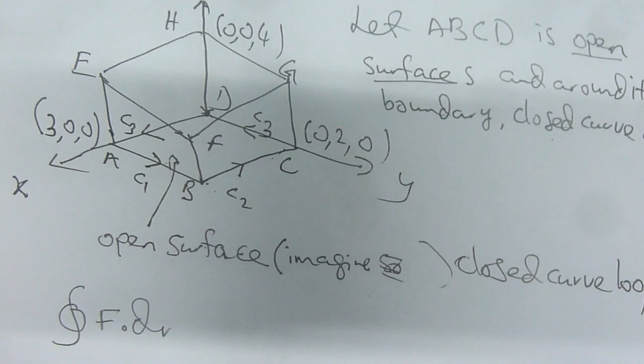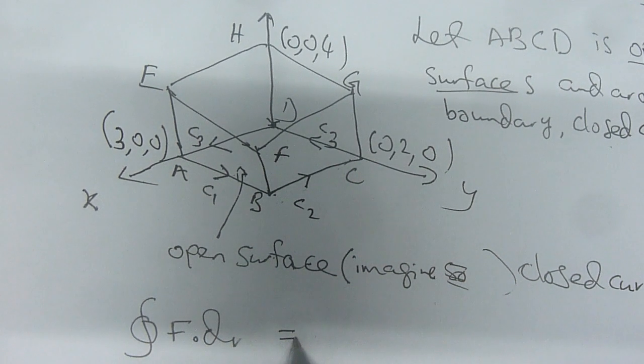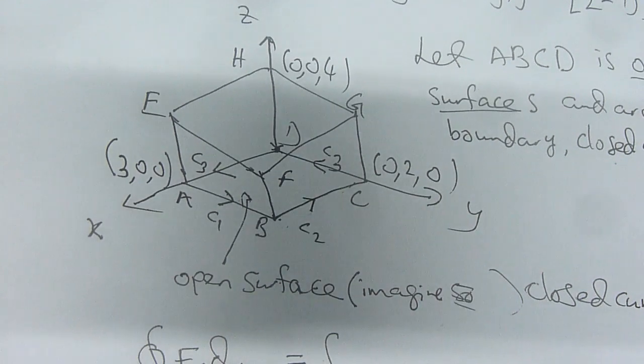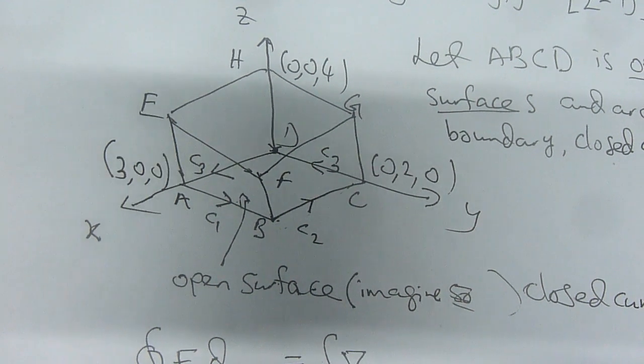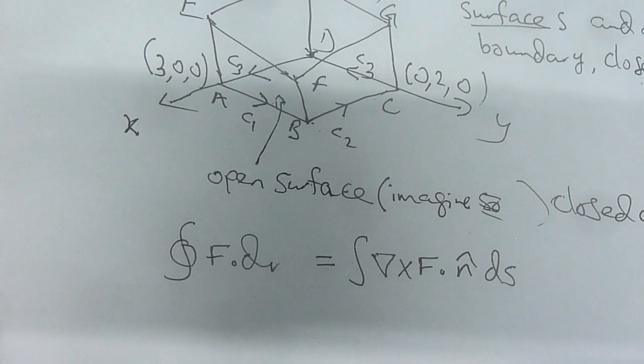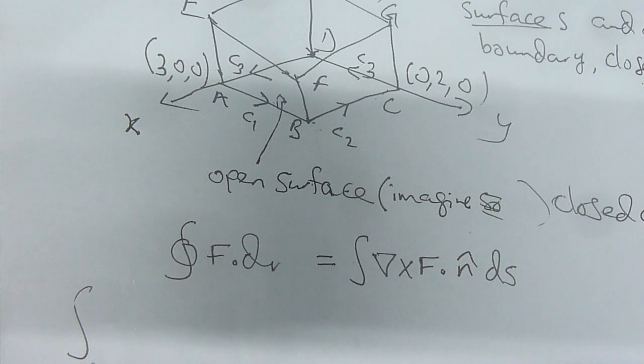Now, if this is the case, can I use Green's theorem? Yeah, but we need to use Stokes' theorem. What does it mean? In this case, we need to use this.